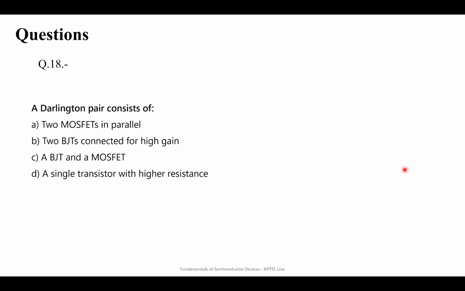A Darlington pair consists of two MOSFETs in parallel, two BJTs connected for high gain, a BJT and a MOSFET, a single transistor with higher resistance.